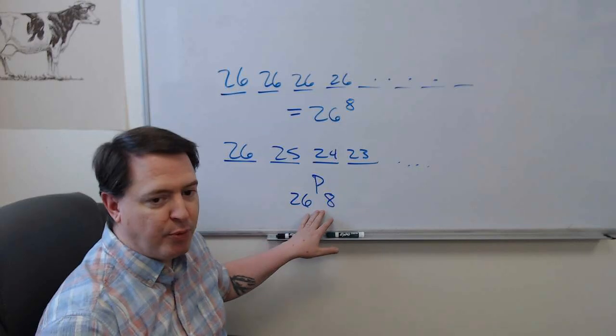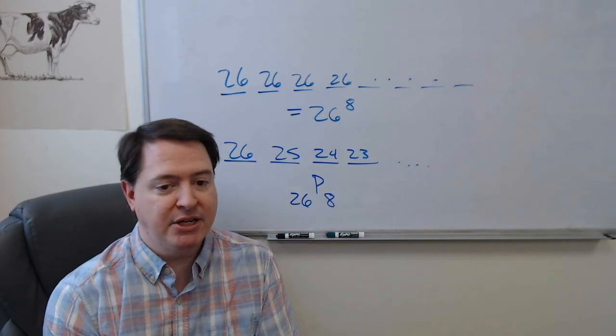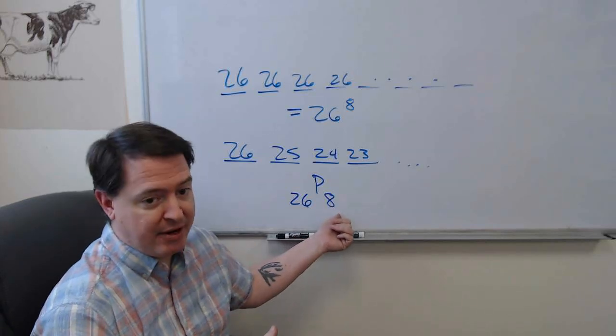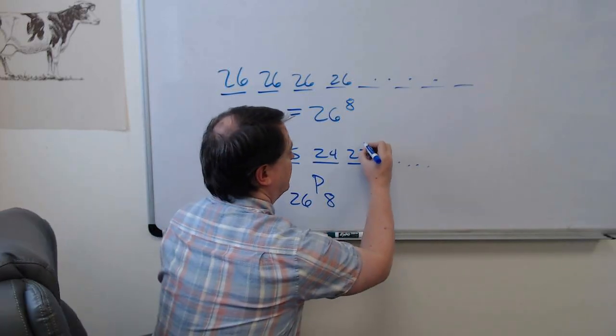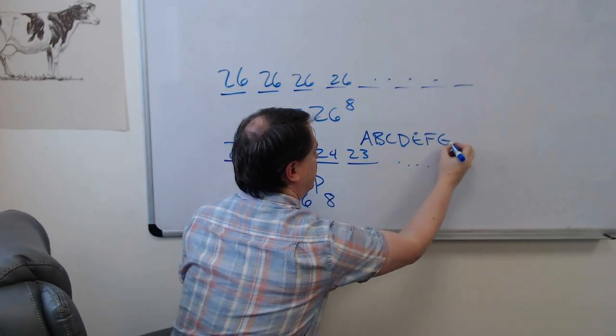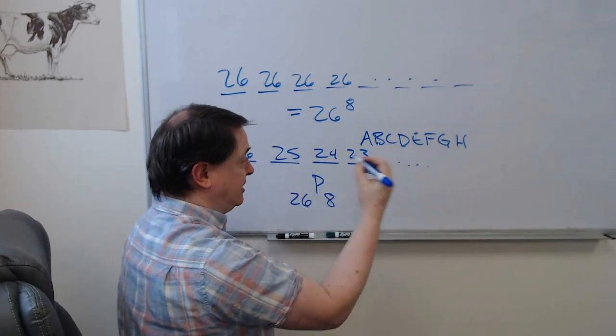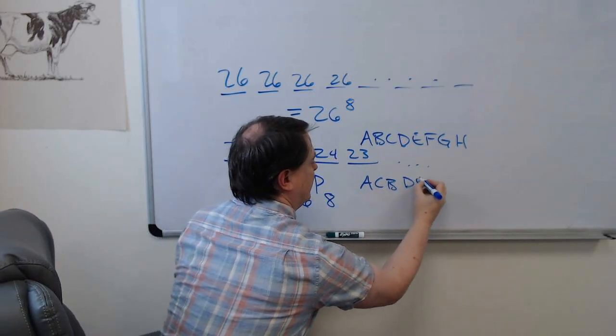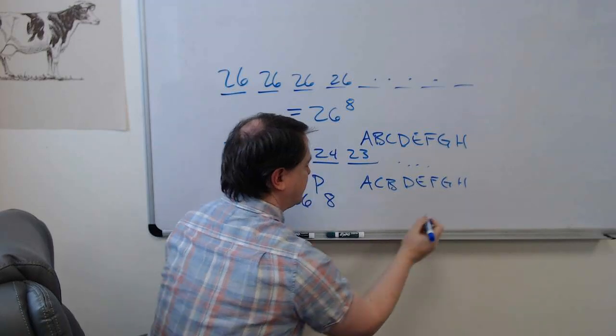And this is where this permutation assumes that the order in which we pick those 8 things matters, right? That the A, B, C, D, E, F, G, H is a different password than A, C, B, D, E, F, G, H, right? It's got the same stuff in it.